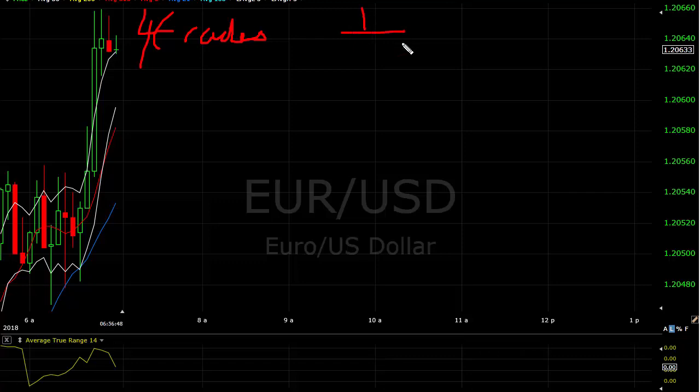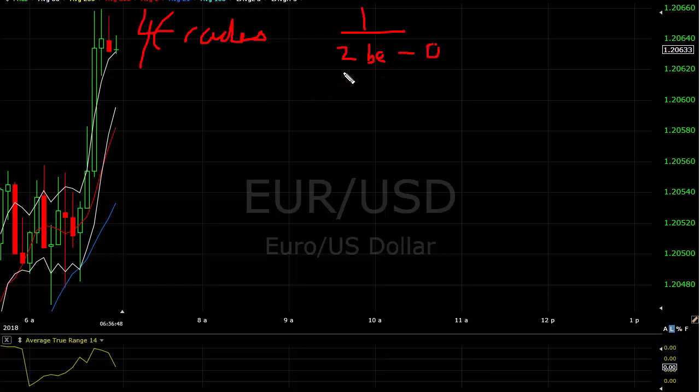we have, let's say, the trader is using break evens, moving the stops to break even. So they have 2 break even trades, BE, obviously equal to 0, so they don't make anything on those.